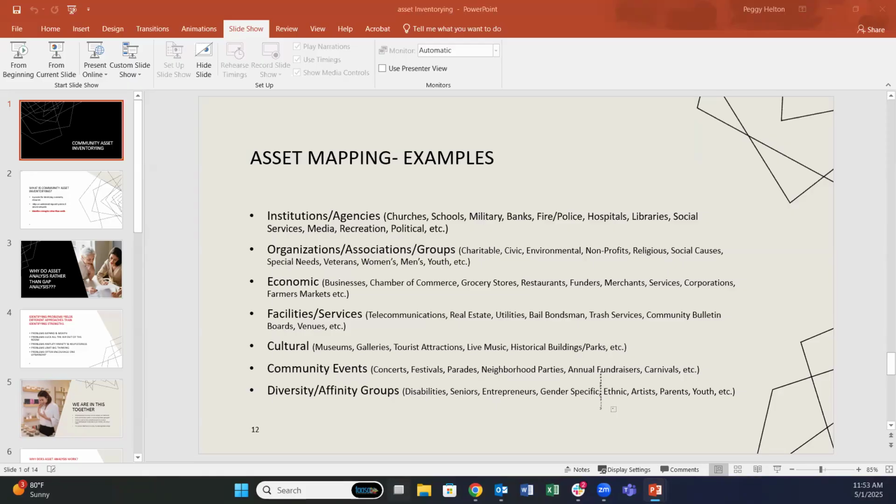Asset mapping wasn't a thing back then, but I think many of us do certain pieces of this intuitively. This is just a way to make that a more comprehensive process that we can utilize in a lot of the work that we're doing.